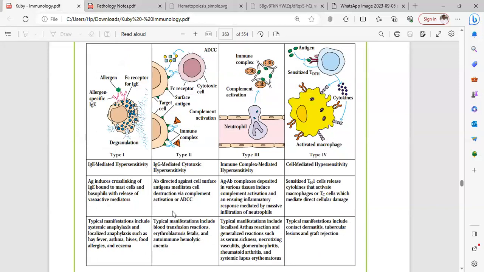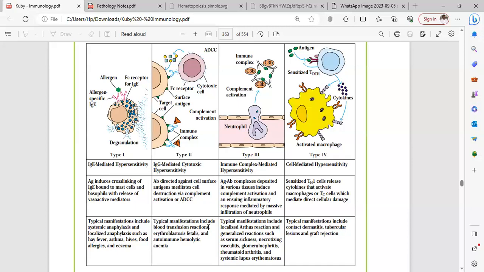The book says that the antibody is directed against the cell surface antigen, which mediates cell destruction via complement activation. So basically, the preformed antibodies react with the preformed antigens, which leads to formation of a complex. The complex then activates the complement system, which leads to cell destruction.